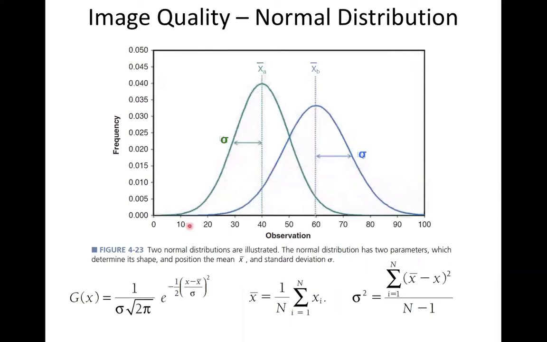Let's go back to our Gaussian function. This is called a normal distribution, and most random things in the world that are modeled by scientists are modeled with this function. Again, it's this formula. In this case, we have pixel observations, the number of pixels.